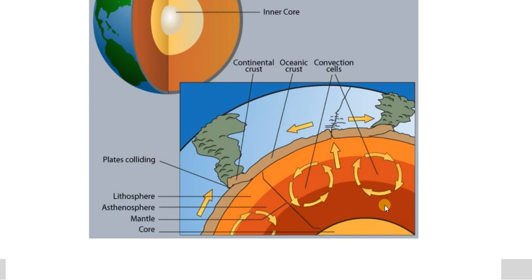Convection flows, remember, should only travel in a liquid or a gas, but because the asthenosphere and the mesosphere are so hot, they kind of deform. Now they move very, very slowly because they are a solid.